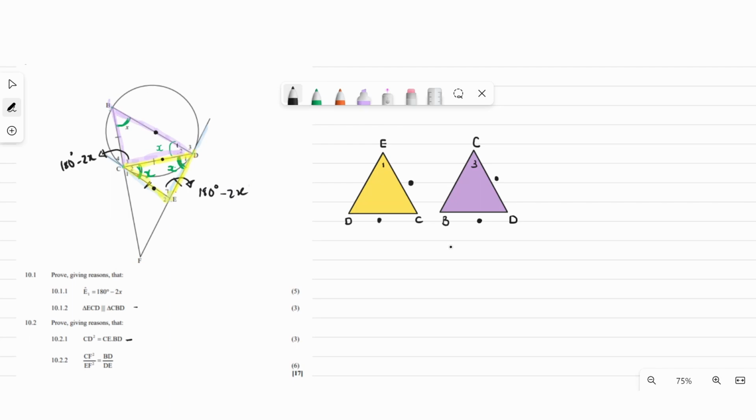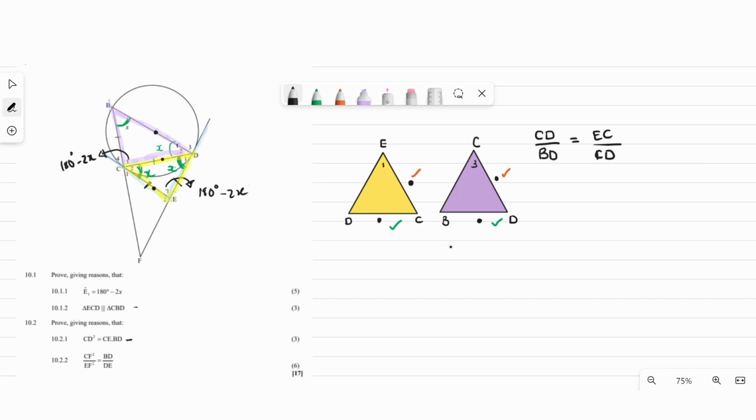So from that, what do we know? We know the fact that this one divided by this one needs to be equal to the matching side, which is this one divided by this one. So let's do that. Matching the sides, CD divided by BD is going to be equal to what? Match it with the side. This one is matched with this one, so they both need to be on the numerator. So you're going to say EC divided by BD, which is the same as CD.